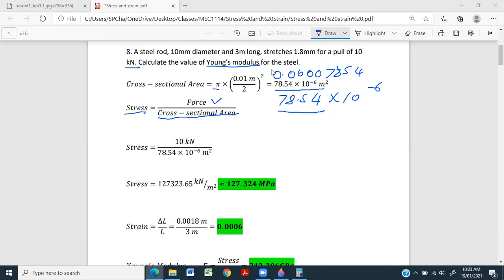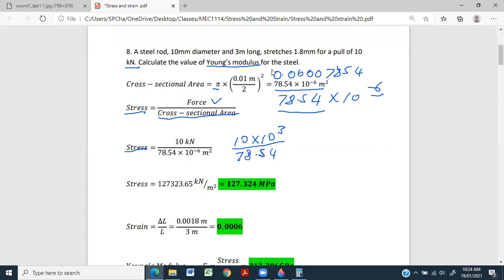So stress is equal to force divided by this cross-sectional area. The reason why I like keeping it in multiples of 3s is for things like this. Let's say this 10 kilonewtons, I could write that as 10 times 10 to the 3, right? And here what I got is 78.54 times 10 to the minus 6, right?